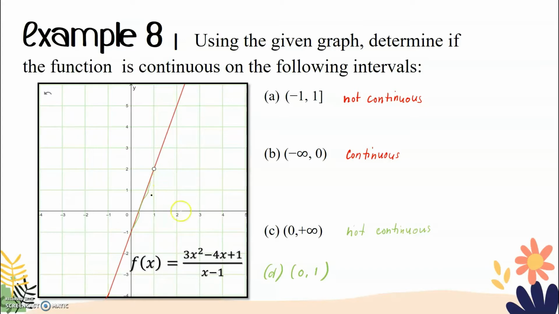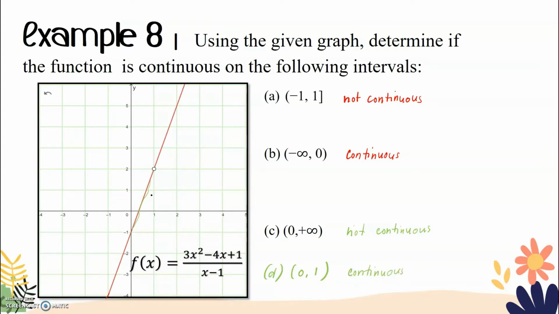Remember that in our example given letter D, we have here an open interval, meaning to say our extreme values are not included. So here 1 is not included. Since 1 is not included, then the hole in the graph is not included in the interval. Meaning, at the open interval of 0 to 1, the graph is continuous.